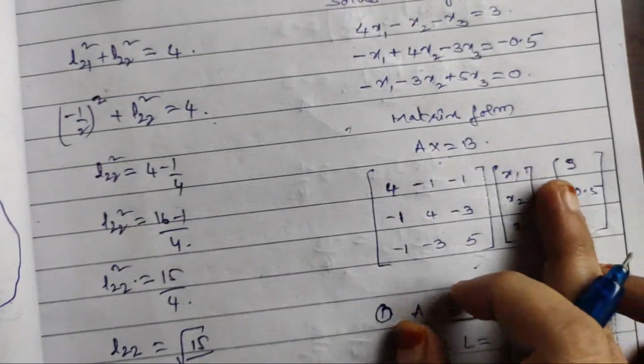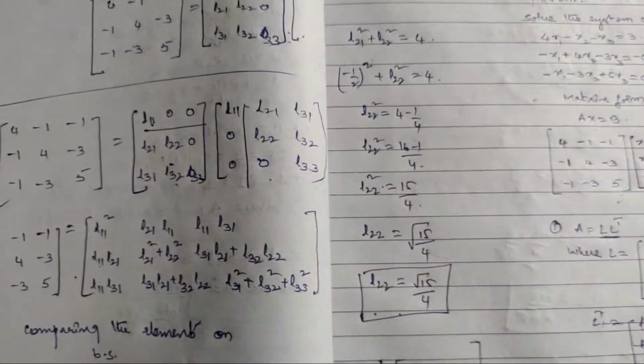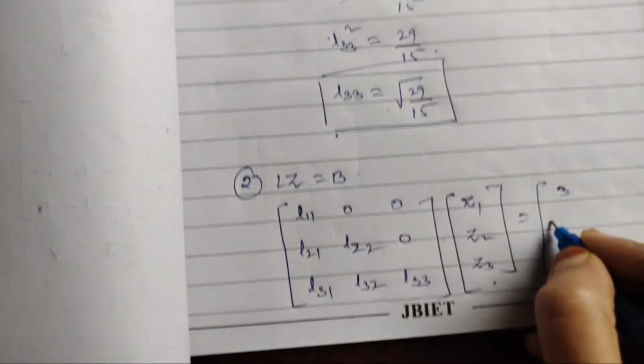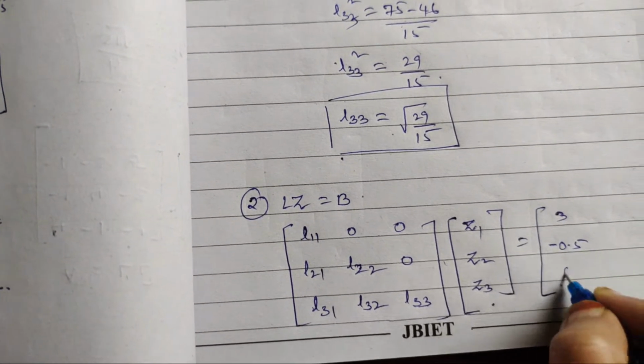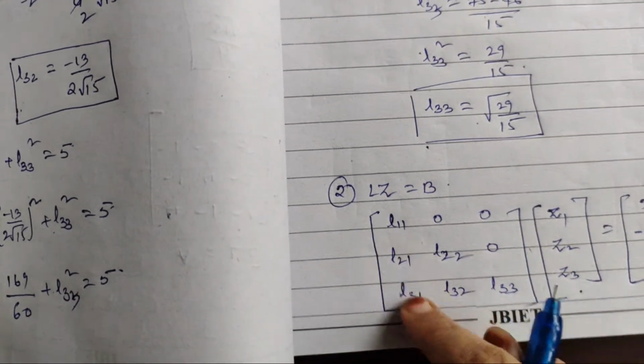What is the B matrix here? Your B matrix is 3, minus 0.5, and 0. Then we got all the L values from the first step. We will frame it over here.